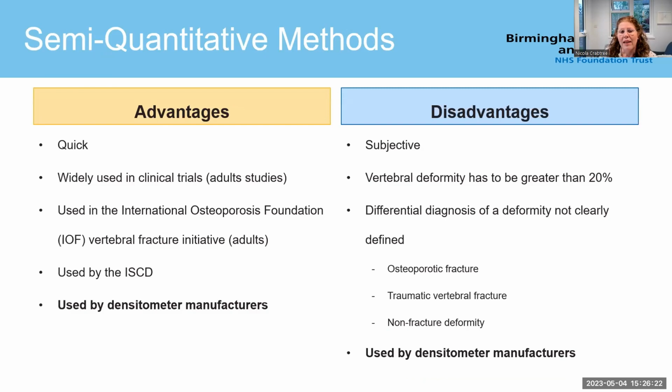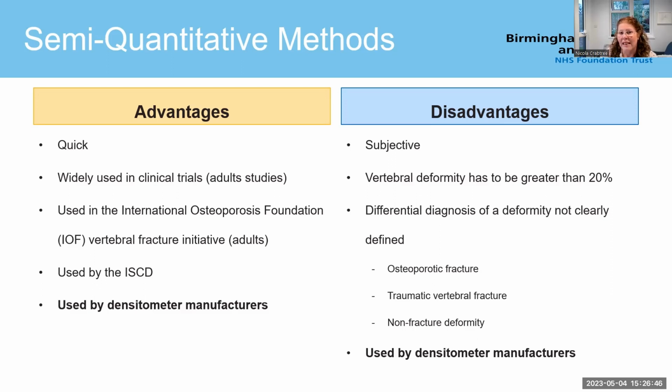If we look at the advantages versus disadvantages of these semi-quantitative techniques, the advantages are it's quite quick. It's been widely used in clinical trials, mainly in adult studies. It's used by the International Osteoporosis Foundation and recommended by the ISCD. And as an advantage, it's available on the bone densitometers.